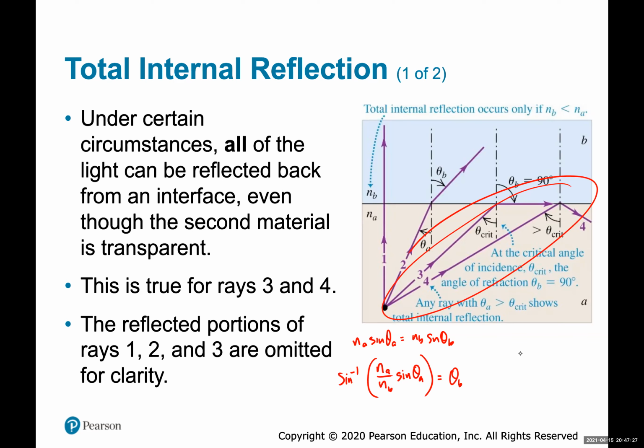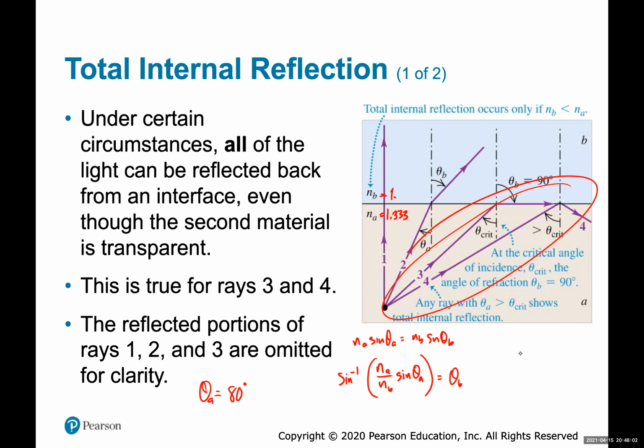Suppose we're going from water to air such that NA is 1.333 and NB is basically 1. Suppose also that the angle of incidence is 85 degrees. Make it 80 even. Suppose that the angle theta A is 80 degrees.